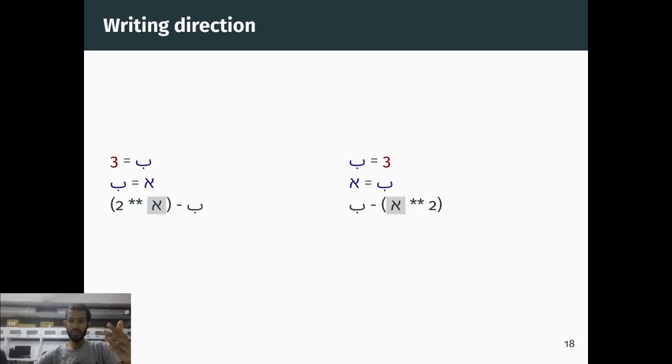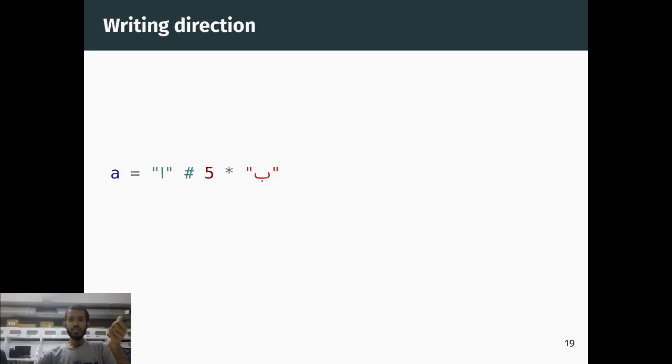Then the Hebrew letter aleph is printed, then 1 star, then another star, then 2, then the closing parenthesis, which appears like an opening parenthesis. So it may look like it's exponential. It looks like 2 raised to aleph minus ba, but it is actually ba minus aleph raised to 2. That's it. So consider yet another example here.